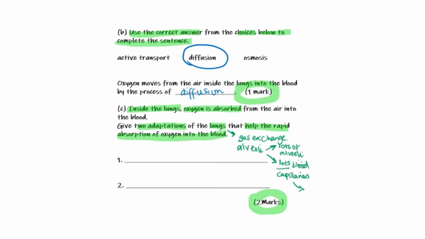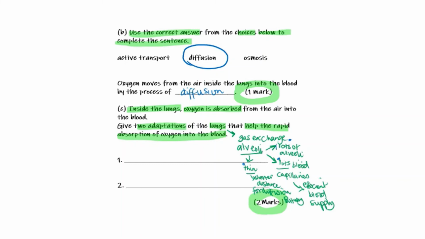The blood capillaries are responsible for efficient blood supply. Another factor about alveoli is that they are thin, and that provides a shorter distance for the diffusion pathway. But in our answer, we can write any of these factors here.